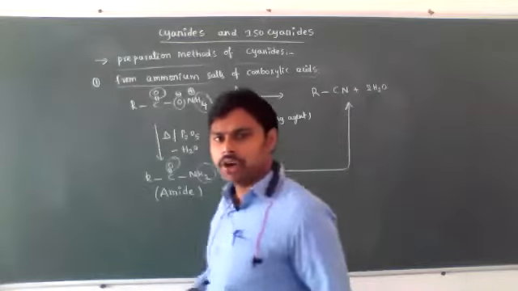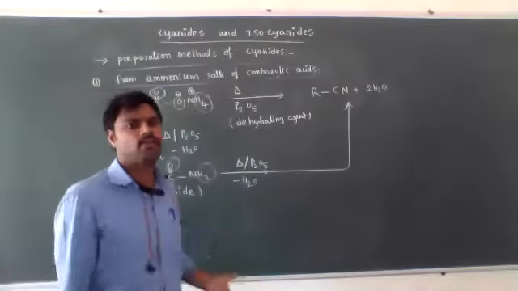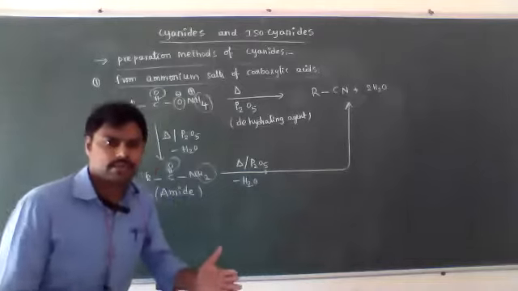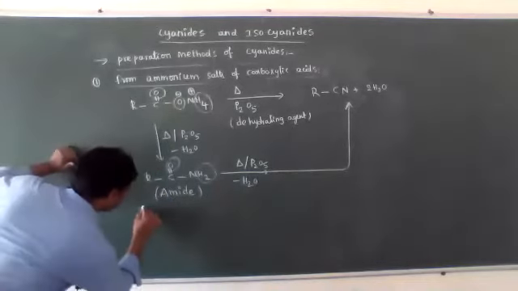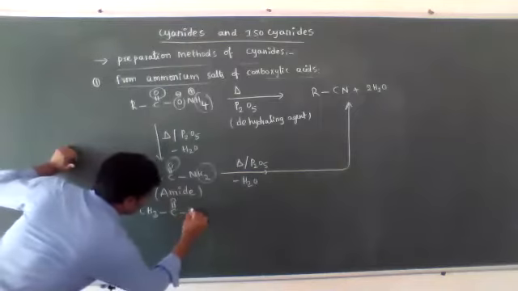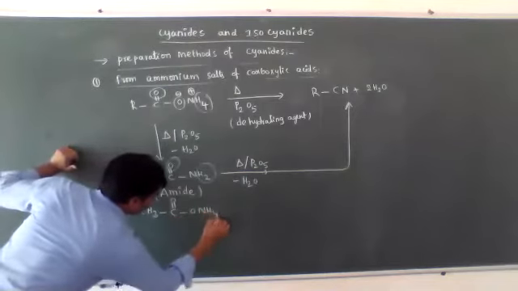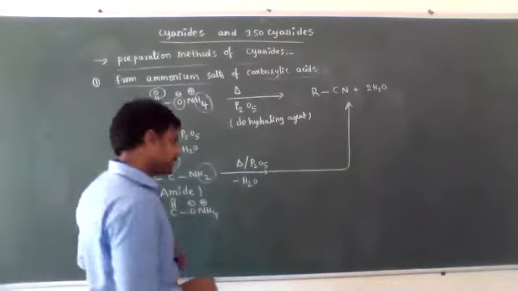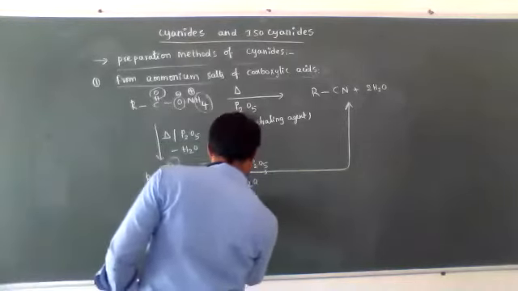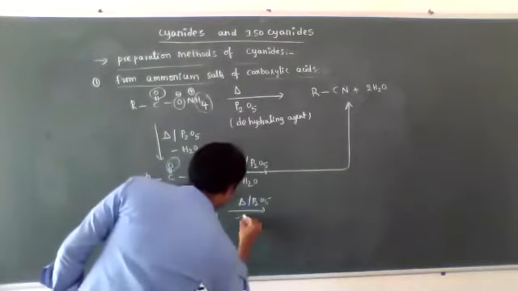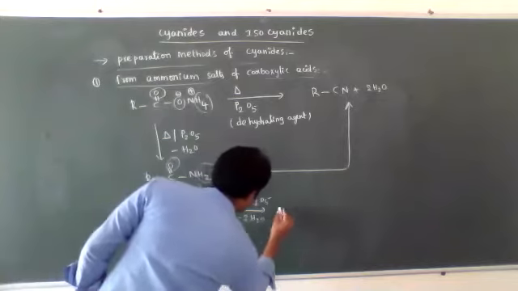Means you have to take direct ammonium salts of carboxylic acids or maybe amides. For example, ammonium salt of acetic acid on strong heating, loss of two water molecules.